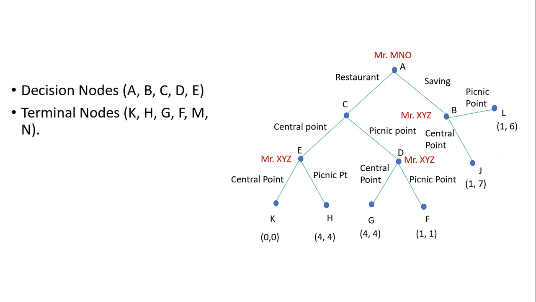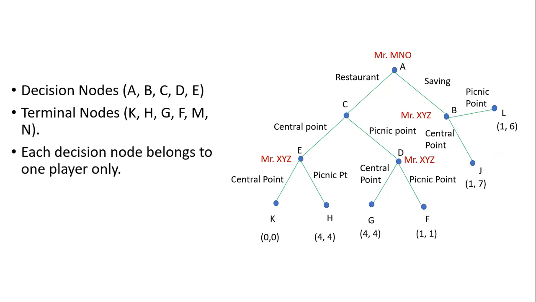Keep in mind that each node belongs to one and only one player, and each node can be reached in one specific way. Representing a game in this form is called extensive form representation or game tree representation.